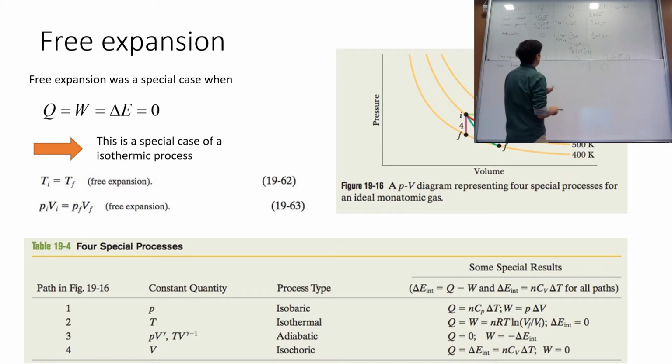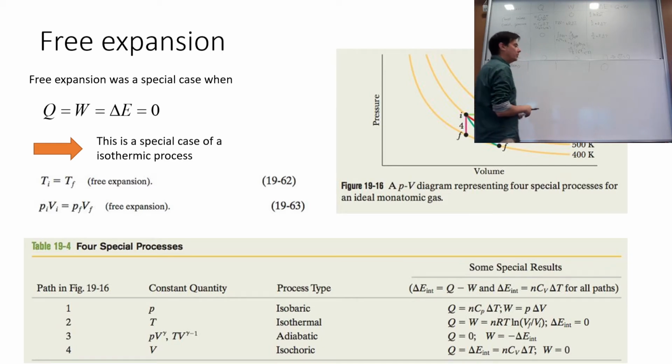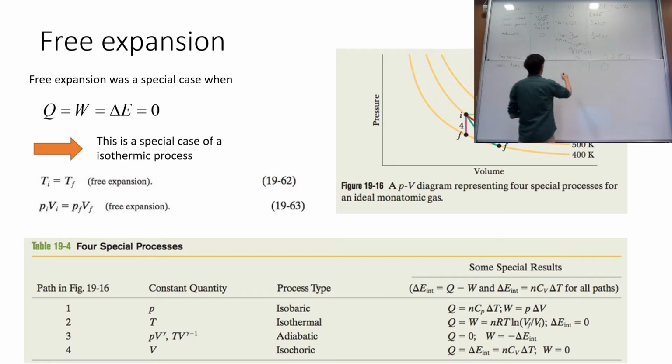And we know that internal energy is just related to the temperature. And if you remember, we also worked out a formula for the work, the integral of P dV, and that was nRT times the log of Vf over Vi. I won't repeat the derivation. So we have an explicit formula for the work there.